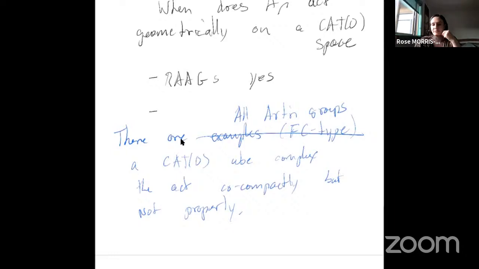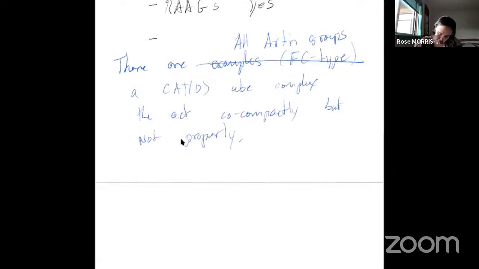No, even in the free group case, it's going to have vertices that are stabilized by these A sub T, where T is a subset of S. That's your preview for Thursday. And there are some conditions on this T, and you can make different versions of this complex depending on which T you allow here.